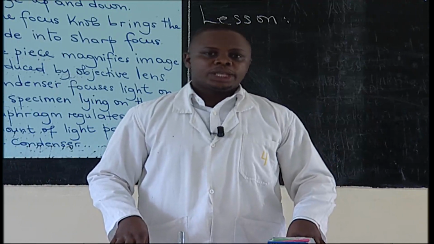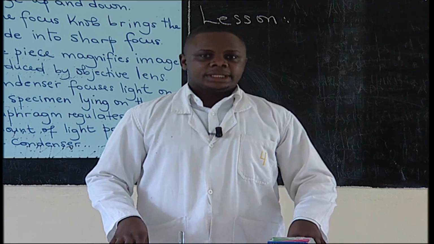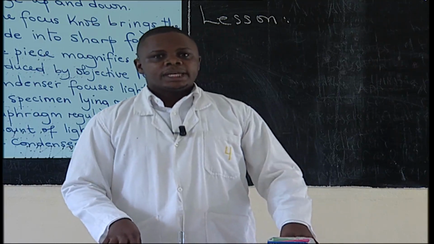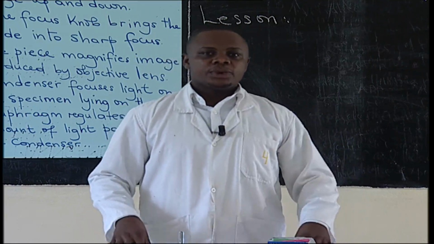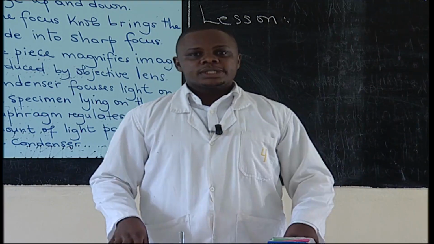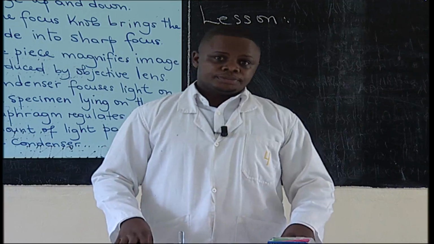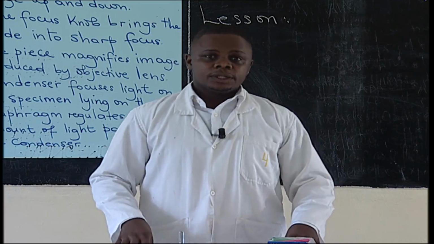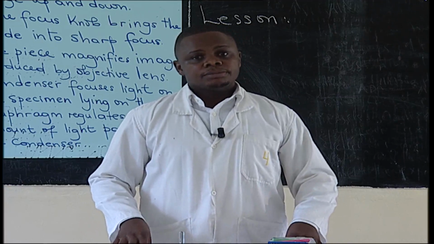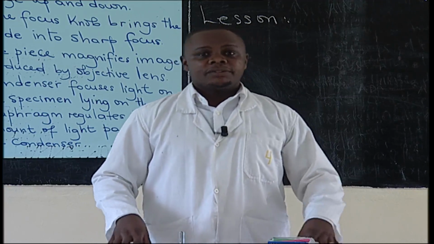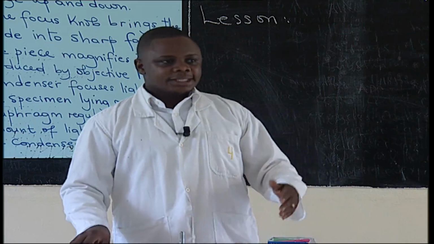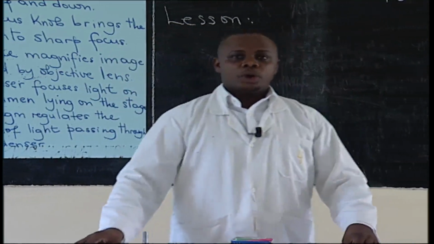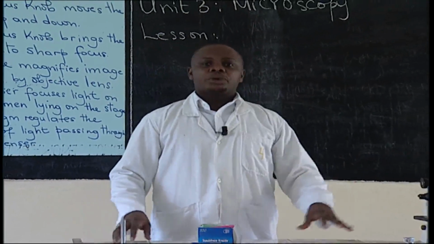We can't see them with our naked eyes. So that's why scientists designed measures of seeing those organisms, because some are good in everyday life, some cause harm to other organisms in everyday life. So it is in that case that scientists developed what we call a microscope.